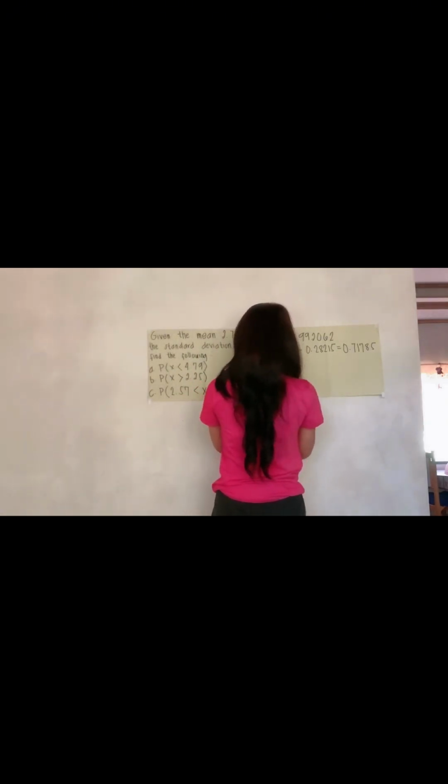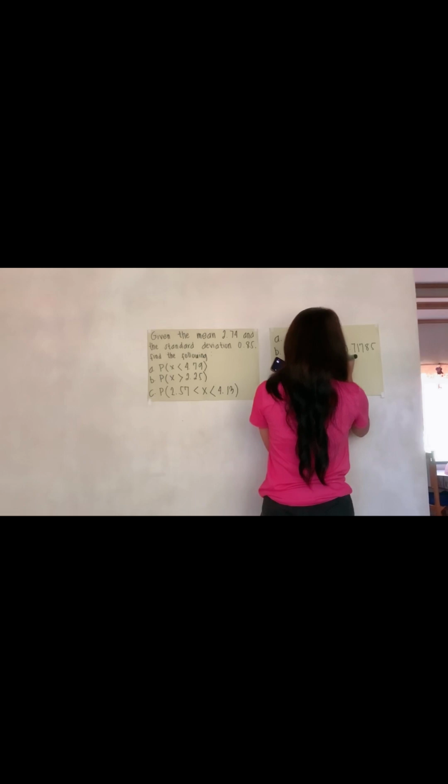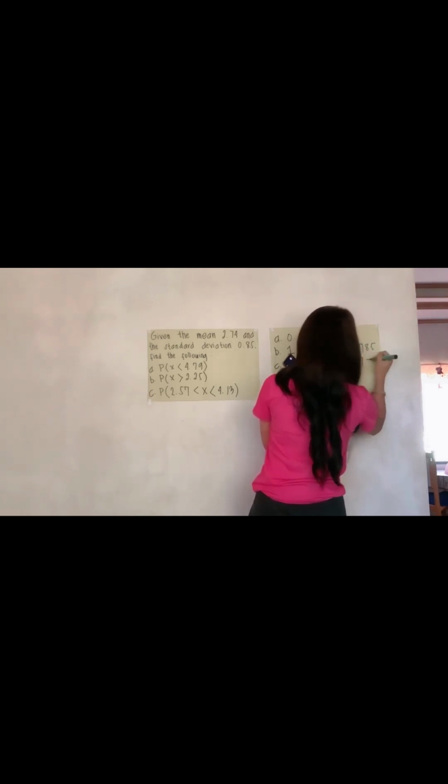So, 0.949006 minus 0.4207 is equals to 0.58226.